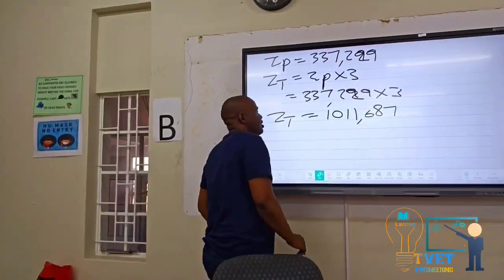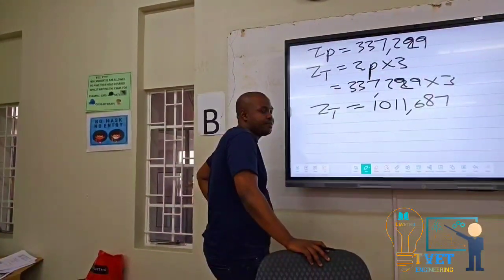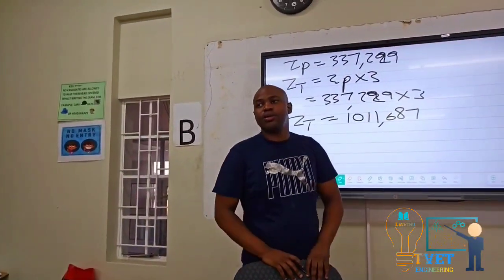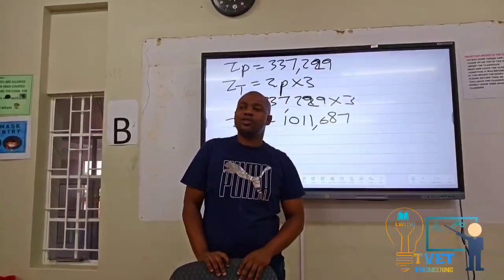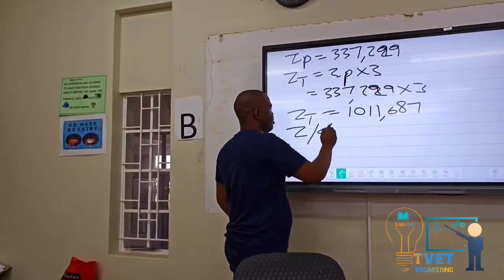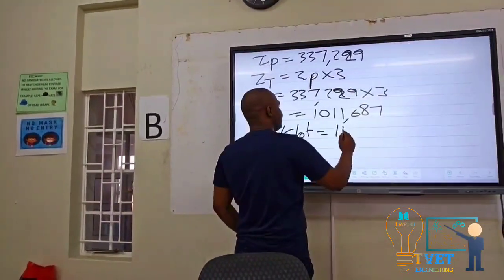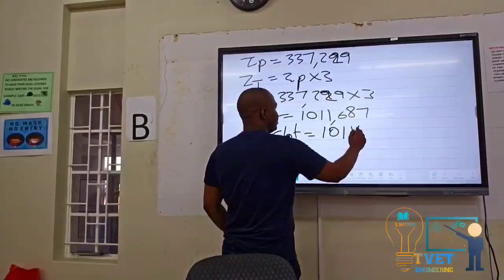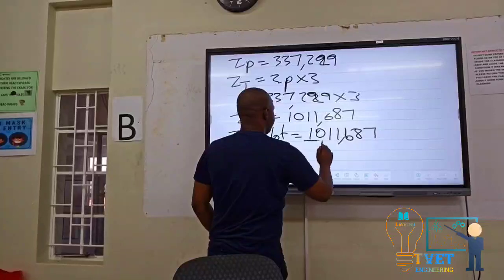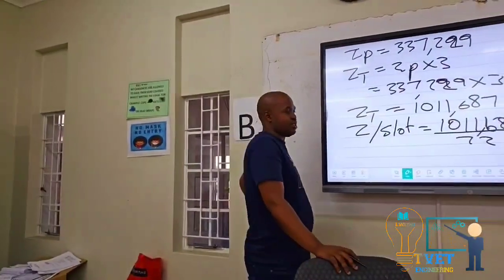Now I have the total number of conductors and the total number of slots. That means I can find the conductors per slot. 1,011,687 divided by 72. I calculated the number of slots as 72.